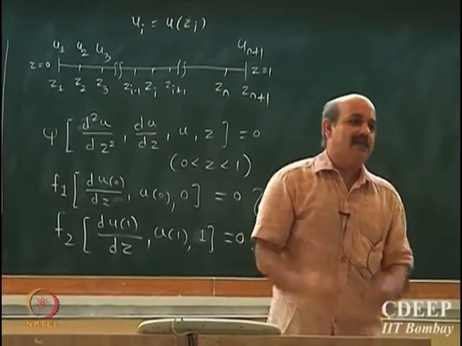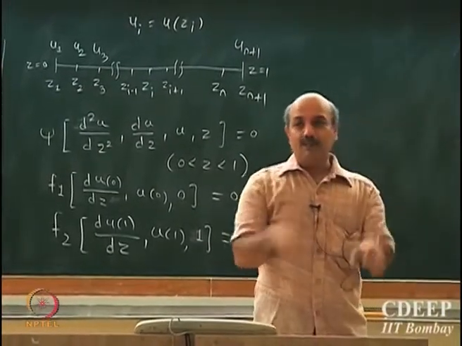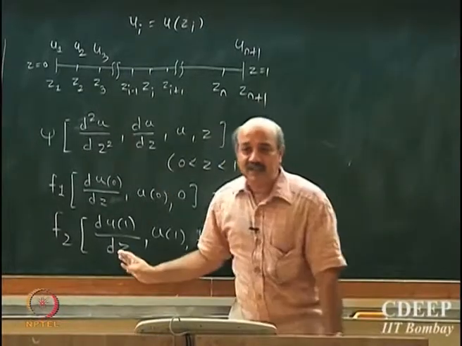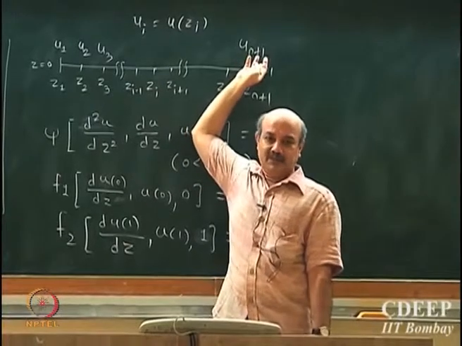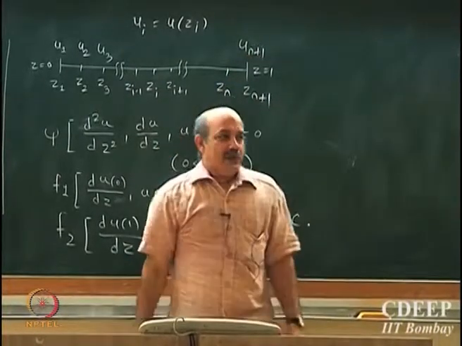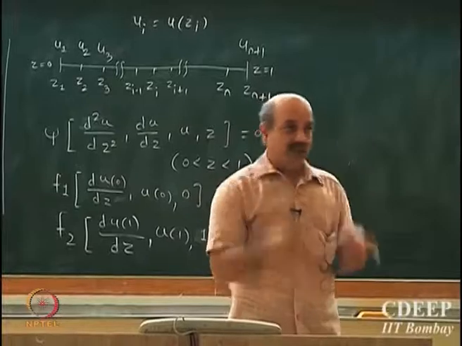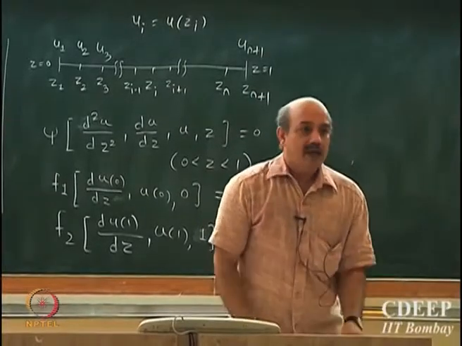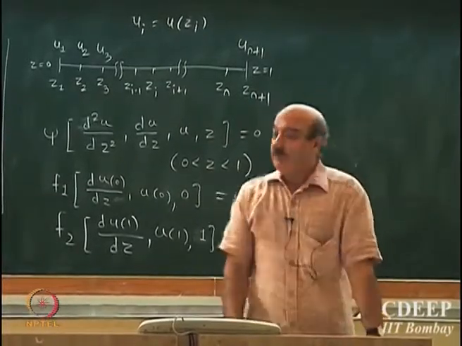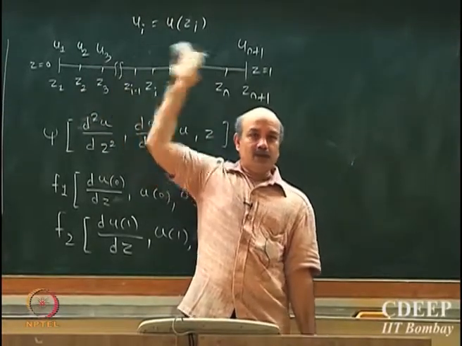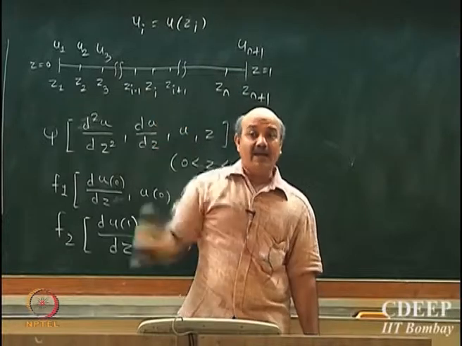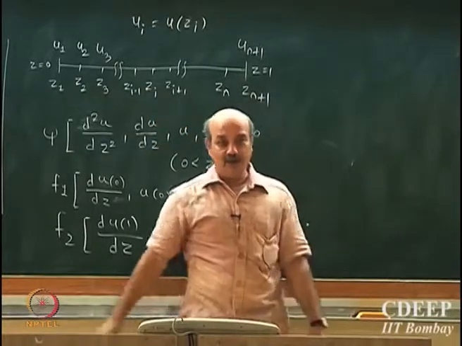So the trick is to use the interpolation polynomial together with this differential equation to find u1, u2, u3 up to un plus 1. So when I begin with the development, I'm going to develop everything in terms of u1 to un plus 1 as unknowns. Now let's see how we do this.